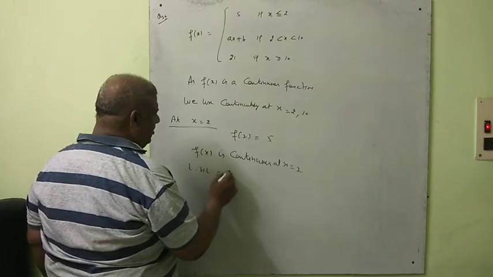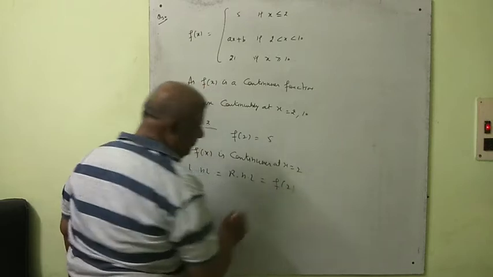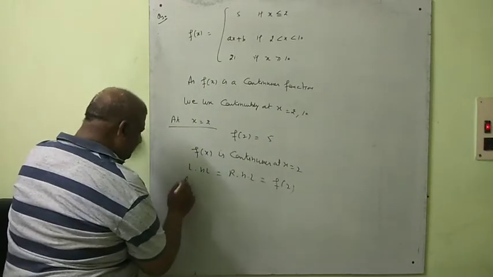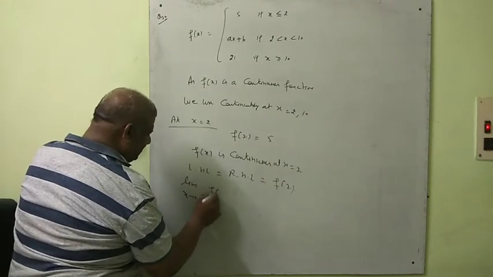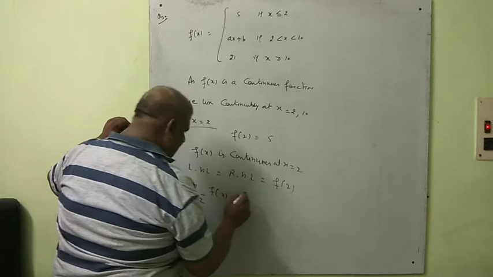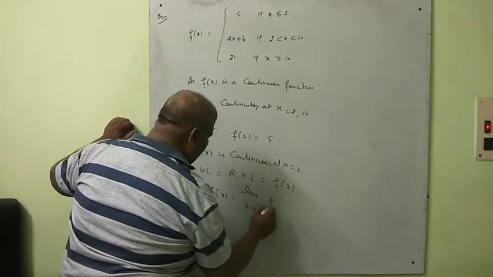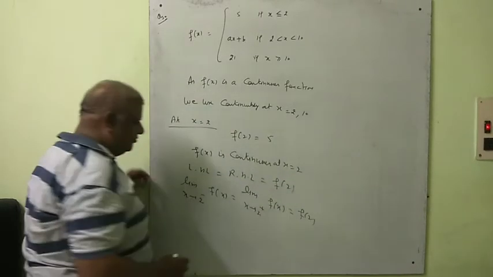Therefore, left hand limit is equal to right hand limit is equal to f(2). Continuity is given. Left hand limit means limit x tends to 2 minus f(x), and limit x tends to 2 plus f(x), and is equal to f(2).